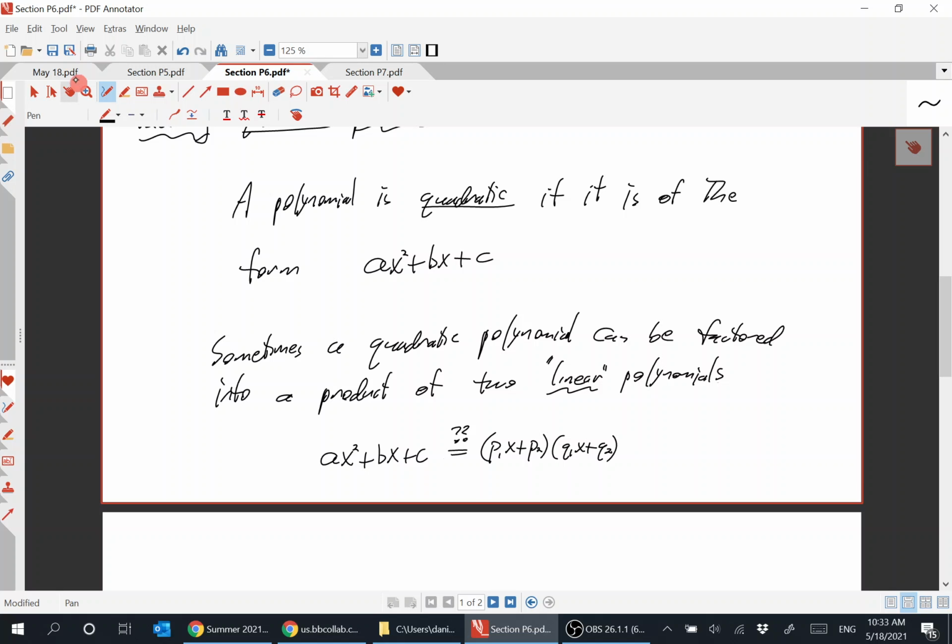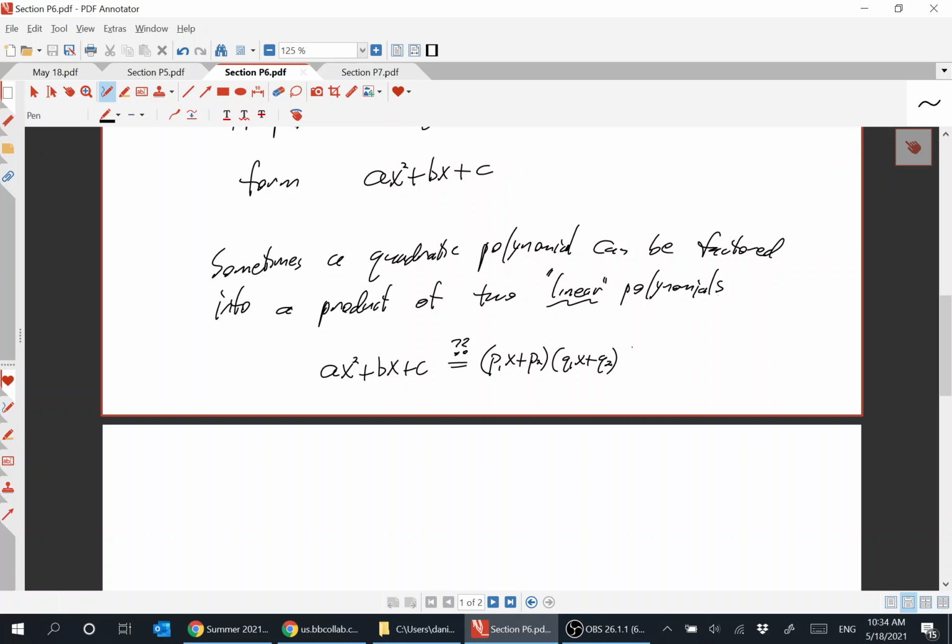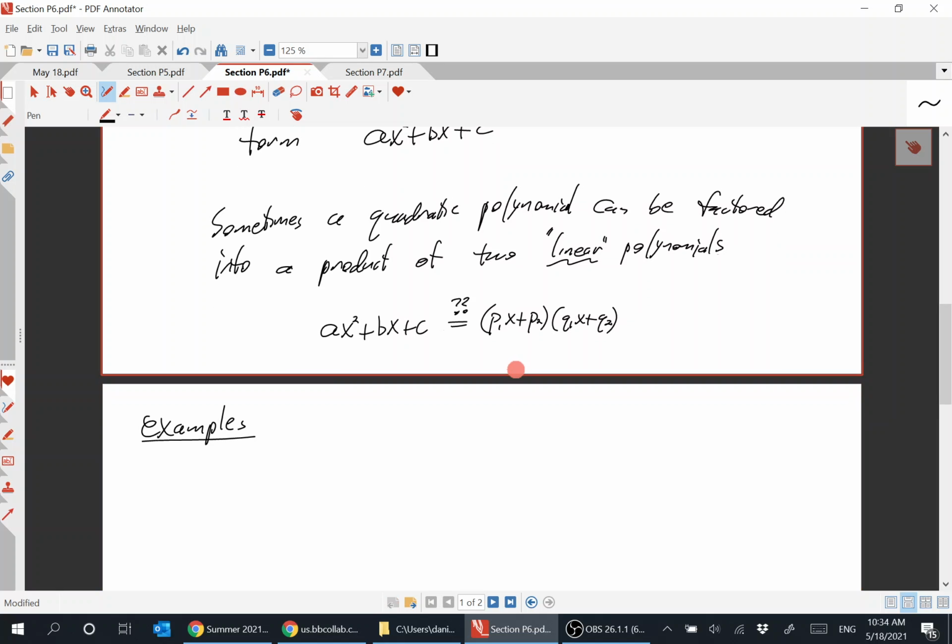Okay, sometimes you can, sometimes you can't, and we will go over situations in which that sort of thing can happen. Okay, so the best way to go about doing this is really just to run through some examples. So, some nice examples here.